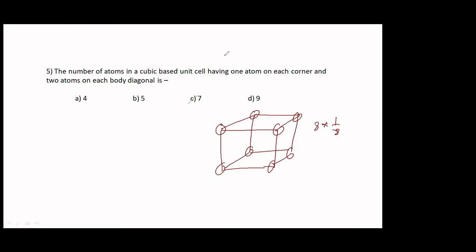But the atoms right inside the body diagonal are not shared by any other unit cell. There are 4 body diagonals, so 4 into 2 is 8. 8 plus 1, 9. 9 is the correct option. Any doubt here? No. Okay. Let's move ahead.